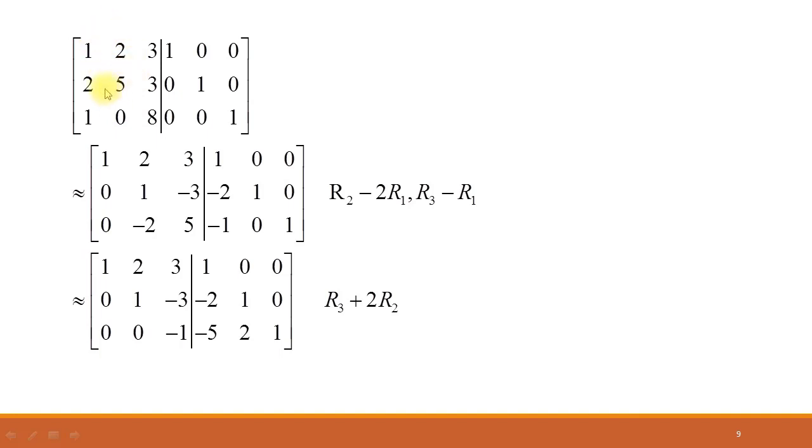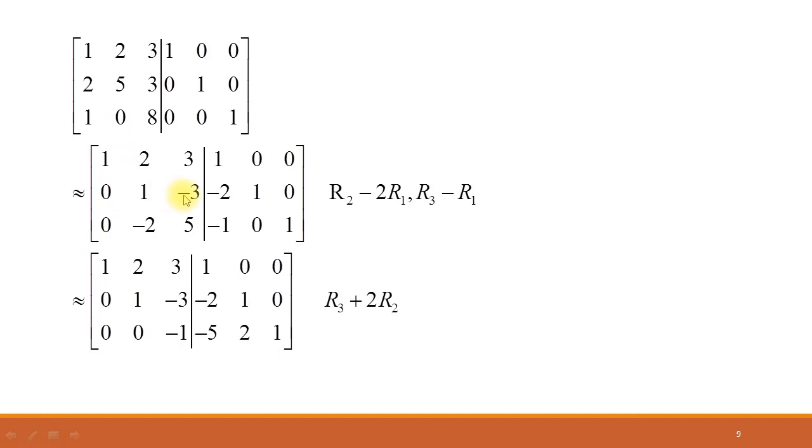Now some elementary row operations. We are trying to change this matrix into the identity matrix. Identity matrix means 1 0 0, 0 1 0 and 0 0 1. For this purpose we add minus 2 times R1 to R2, and we get 0, 1, minus 3.